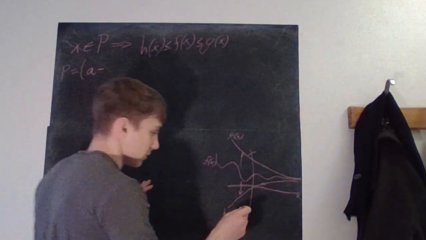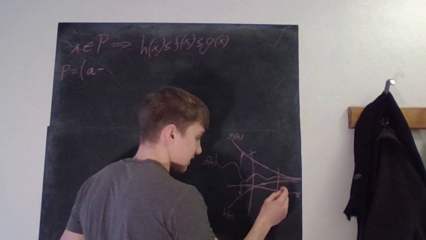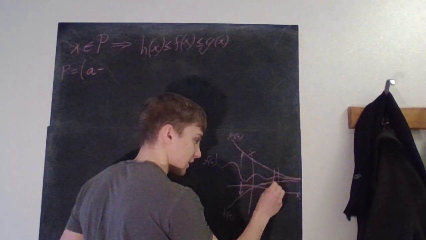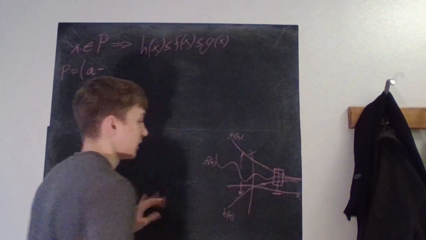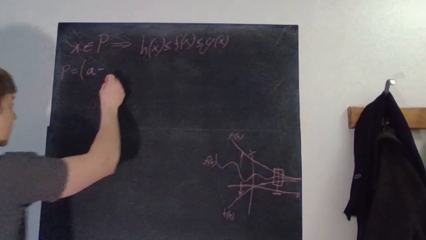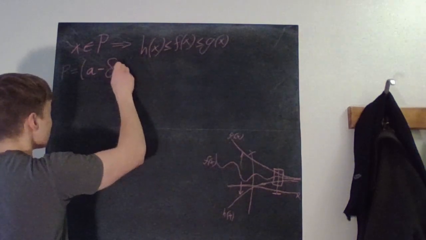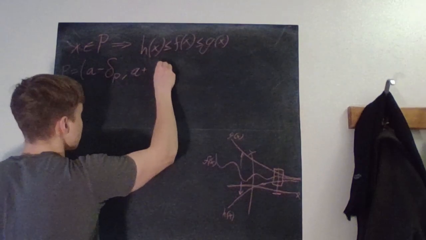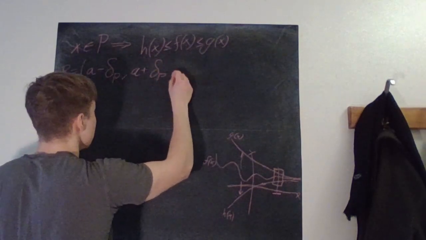Imagine we want minus something and plus something to create this kind of interval here. I will call that delta p. So the right one is a plus delta p.